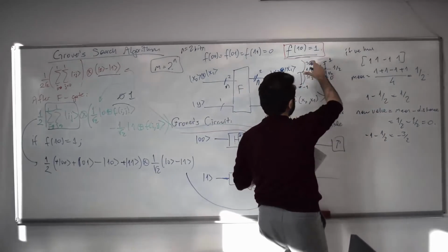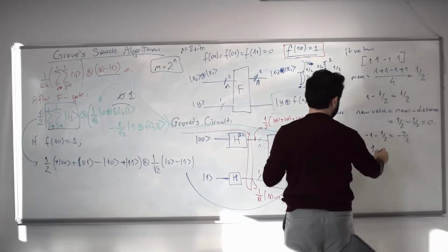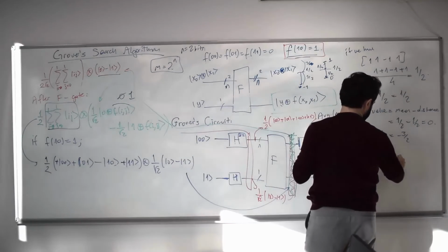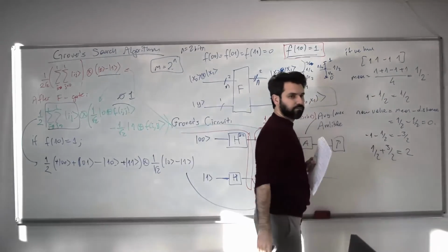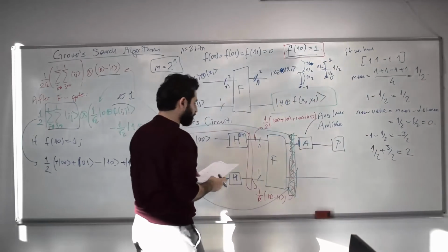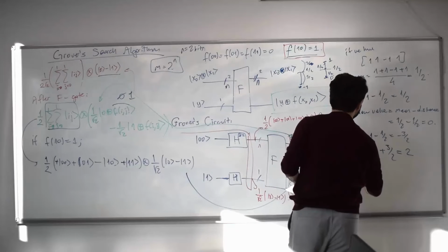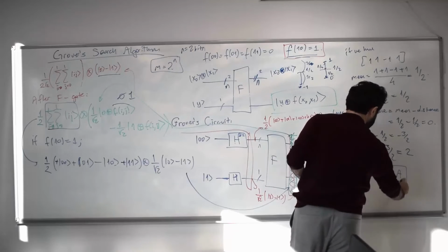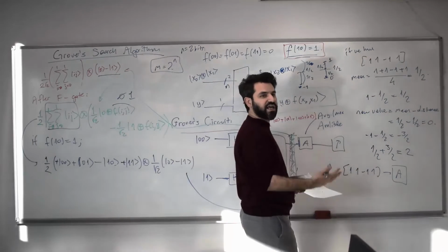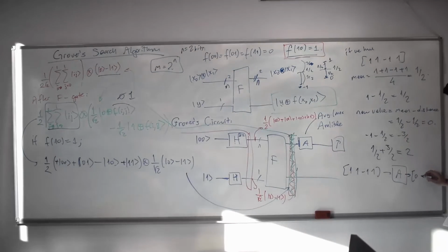So we have 1/2, the mean value, plus the distance 3 over 2 in the other direction, which gives you 2. So if this vector, 1, 1, minus 1, 1, goes through this amplitude amplification or averaging gate, what you get at the output is 0, 0, 2, 0.